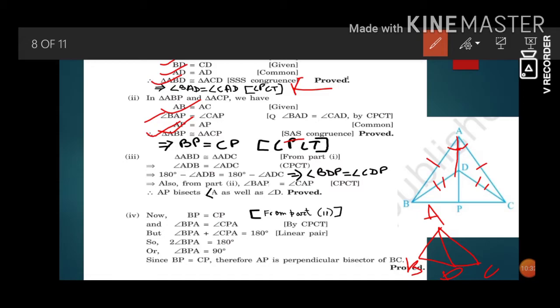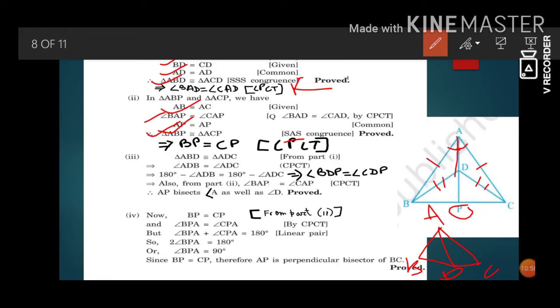And here we also give one argument: BP is equal to CP. That is, our point P is the midpoint of BC. We will follow corresponding parts of the congruent triangles, so CPCT.